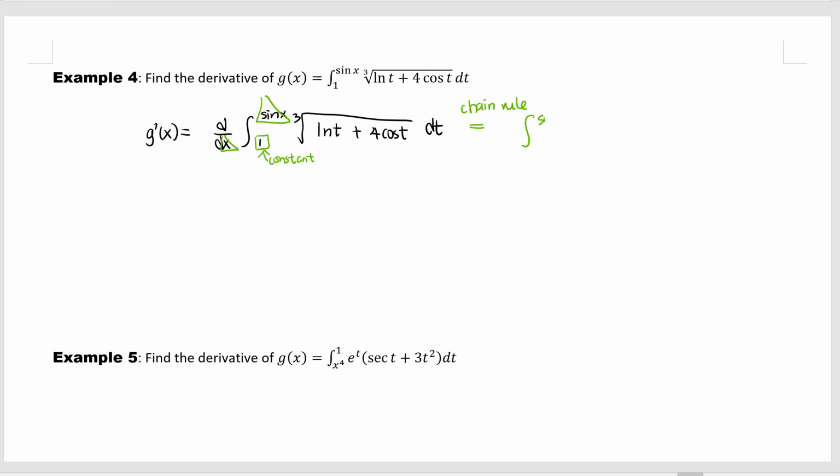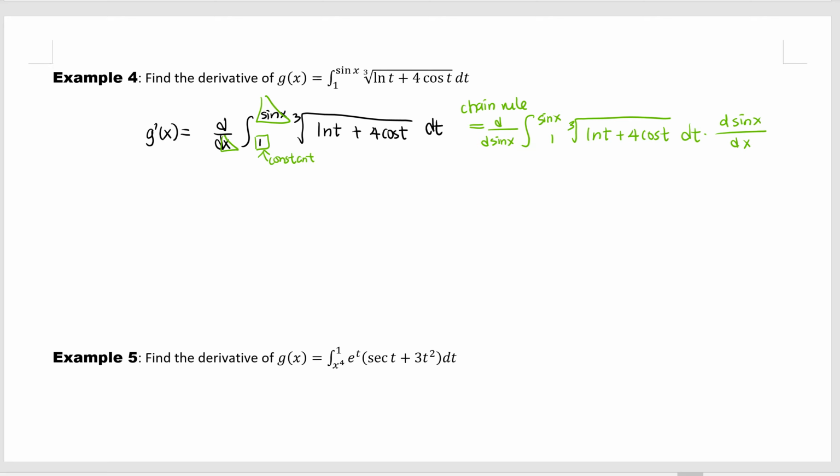So because this is sine x, we want to make it the same, but we cannot change this part. So the only thing we can change is this guy in front of it. Okay, so let's copy down here. The square root of ln of t plus 4 cosine t dt. And because we're using chain rule, we have d sine x dx.